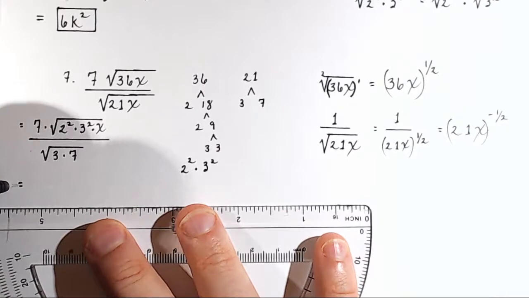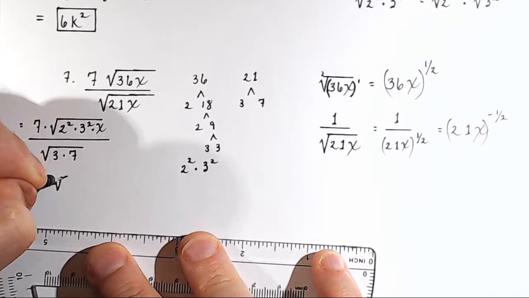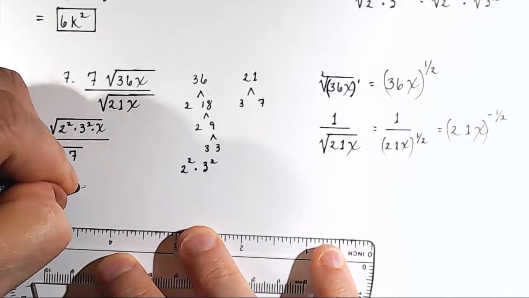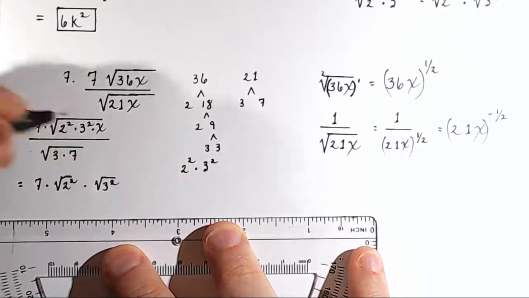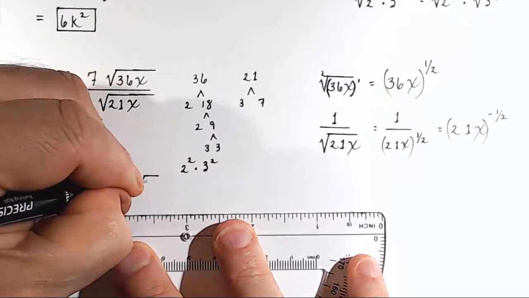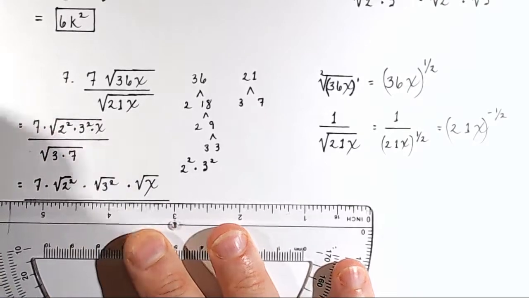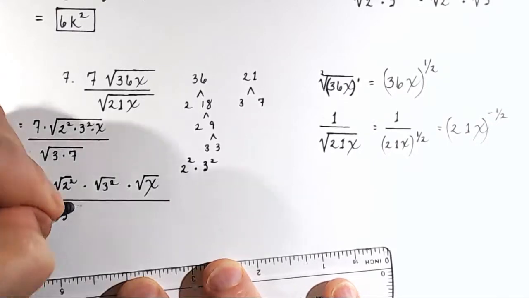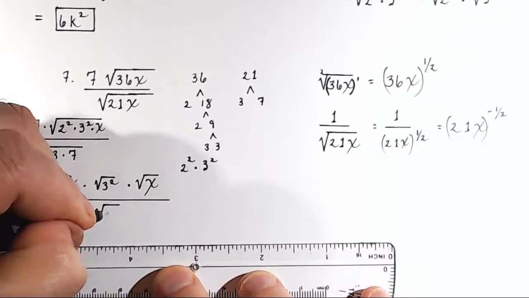So this is equal to 7 times the square root of 2 squared times the square root of 3 squared times the square root of x, all over the square root of 3 times the square root of 7.